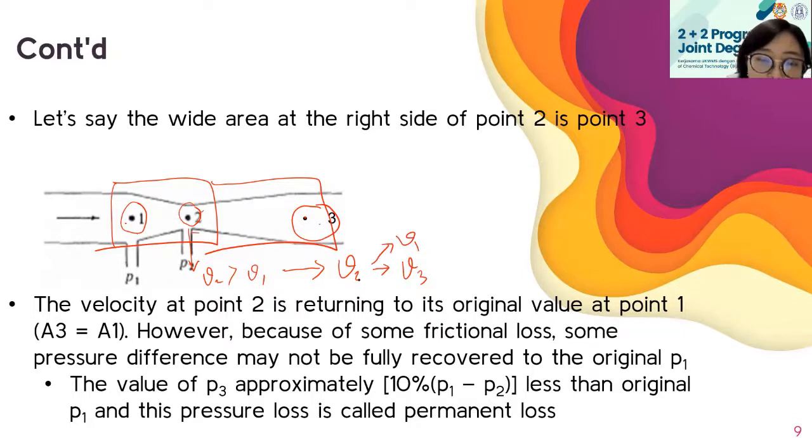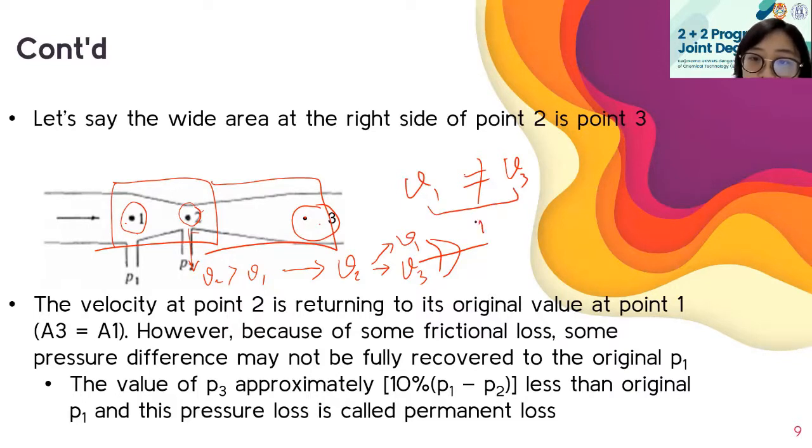However, because of some frictional losses in the expansion and the contraction, V1 will not be exactly the same as V3. So we cannot say that V1 is the same as V3. Why?